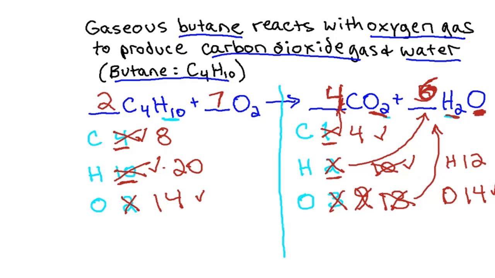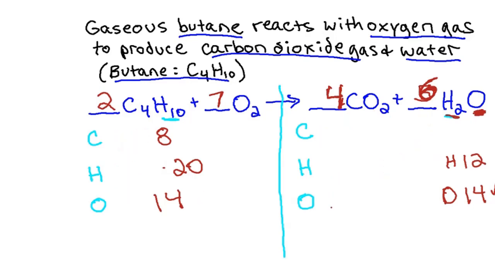So now we have 8 carbons over here, and let me erase some of this mess. Now we have 8 carbons over here, and we still have 4 carbons over here from the CO2. We have 12 hydrogens, and we have 14 oxygens. So now we have to figure out how to balance these carbons again.